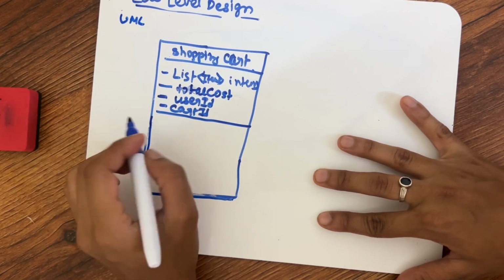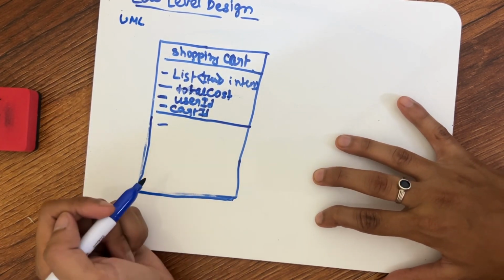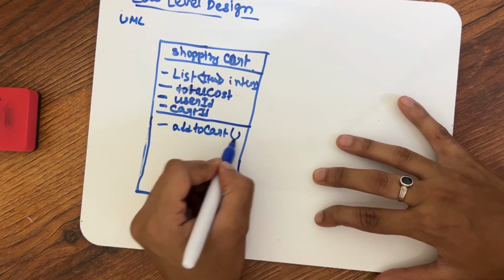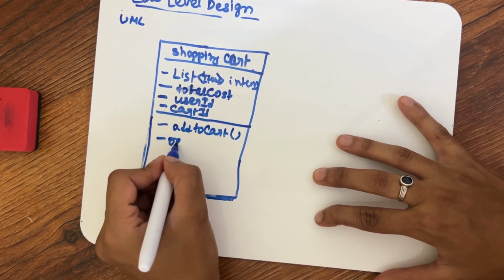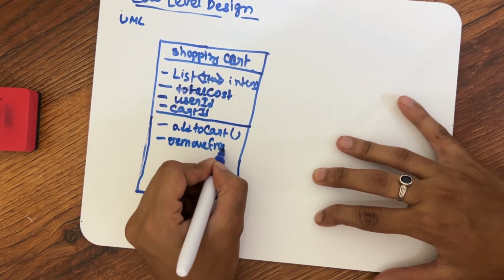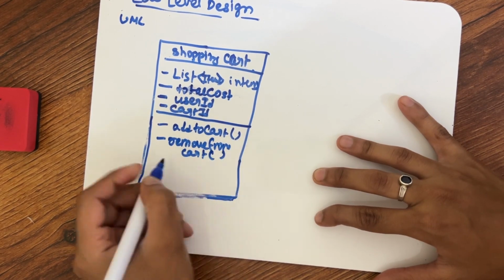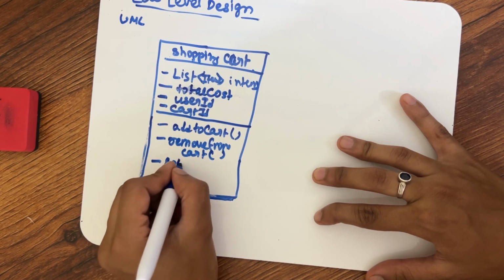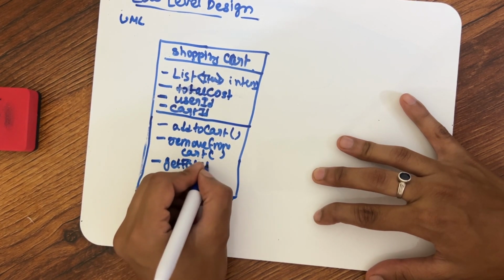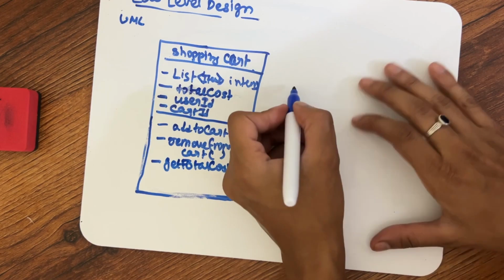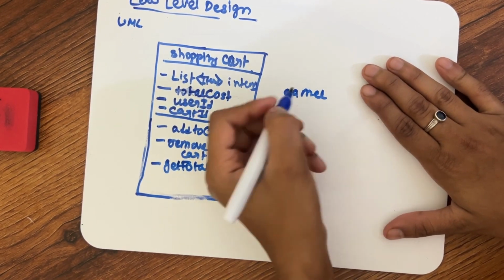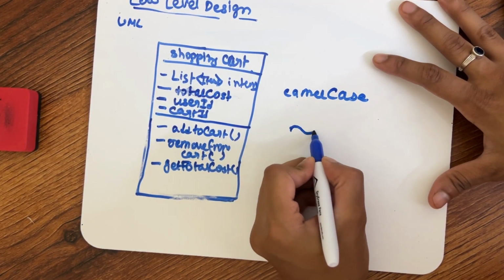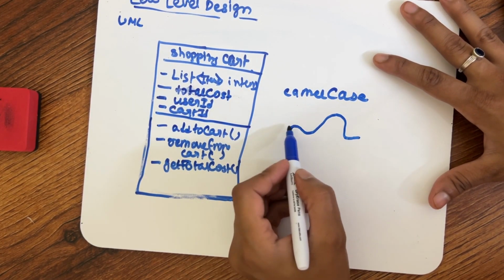Now let's discuss some methods. A method can be addToCart, a method can be removeFromCart, a method can be getTotalCost. I'm using camel case. Camel case is basically something like this, sorry, I can't draw a camel.